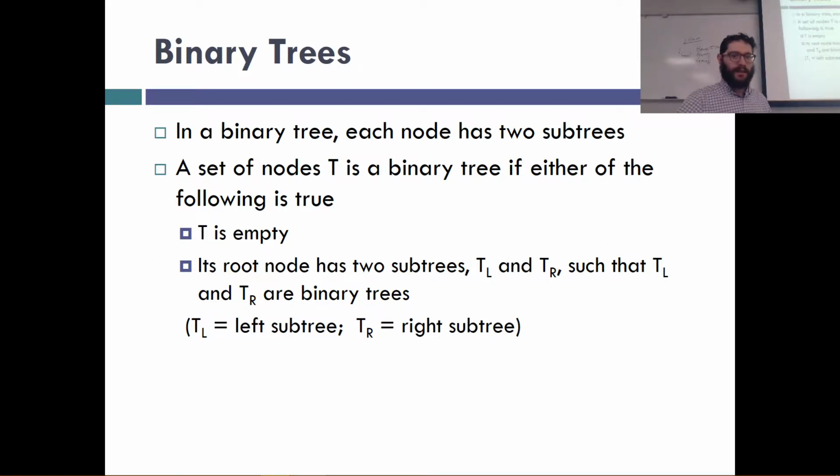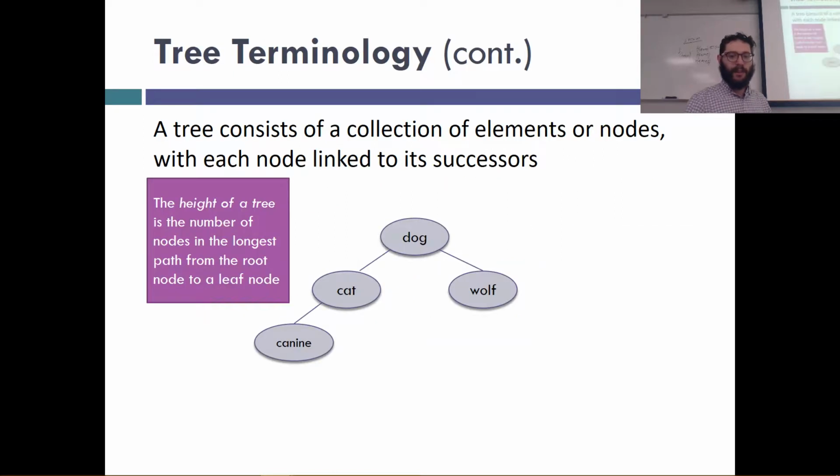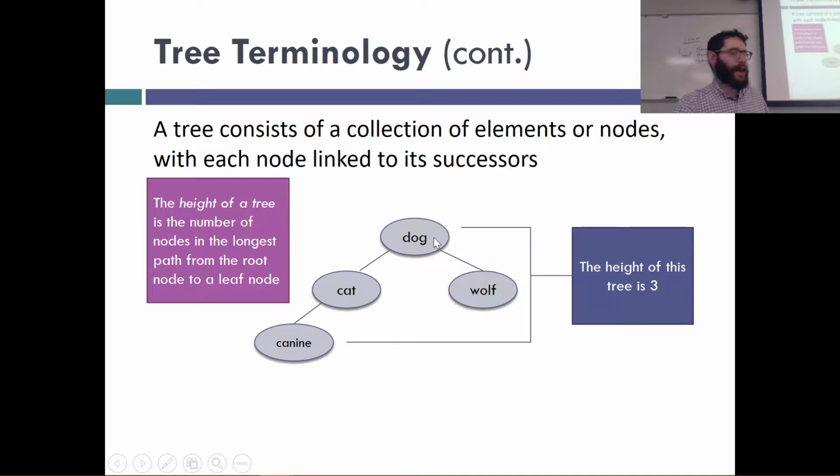So otherwise, if it's not empty, its root node has 2 subtrees, TL and TR, such that TL and TR are both binary trees, right? So this is a binary tree because dog has a tree to the left, cat and canine, and a tree to the right, and both of these trees are binary trees, right?